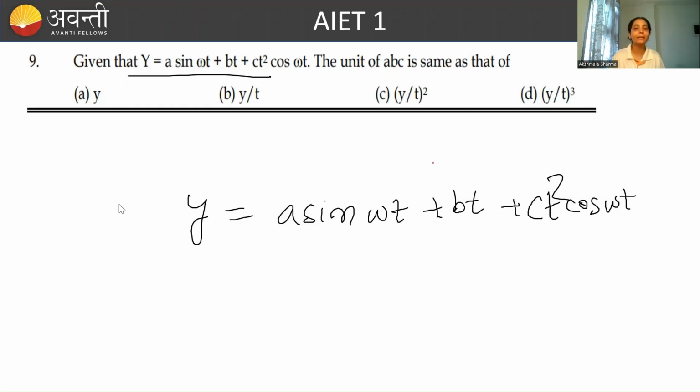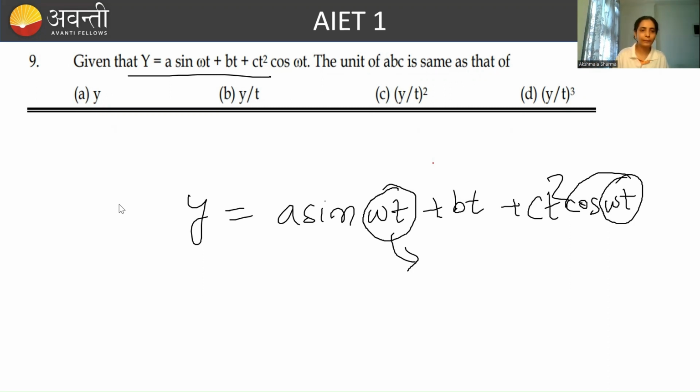The reason is if something is under sin, cos, tan or whatever, that will have no dimension. It will be dimensionless. Similarly, this will be dimensionless. So whatever is the value of angle, that angle term will have no dimension. Done.